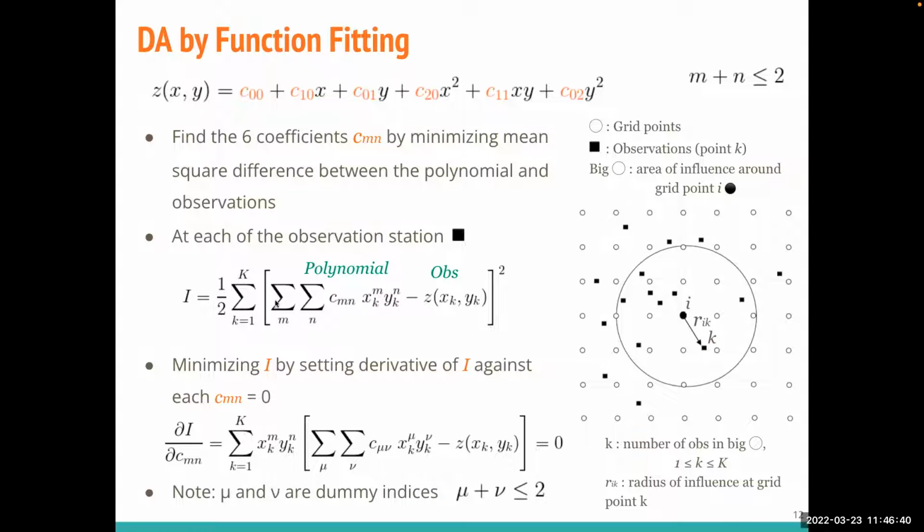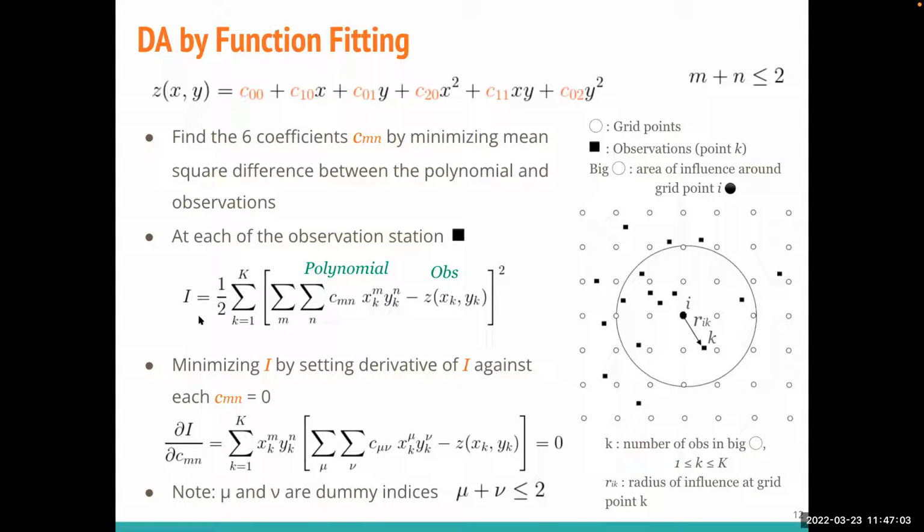The surface minus your observational data should be very, very small if you have a good fit. You do the subtraction, and then the distance between these two, of course, it's not just distance, we put a square in here, is I. So you want to minimize I.